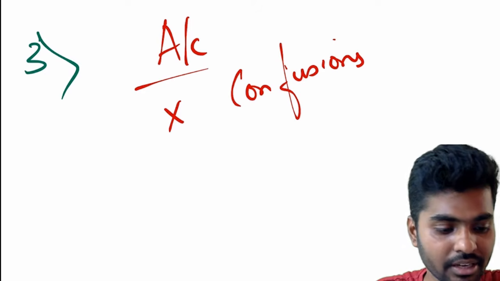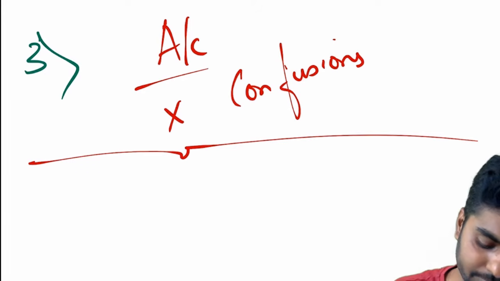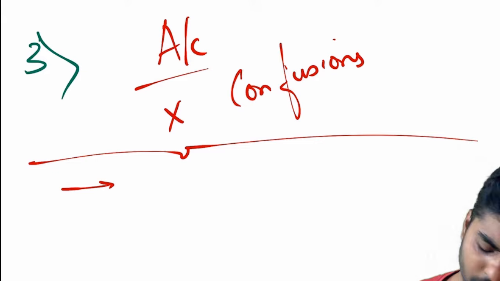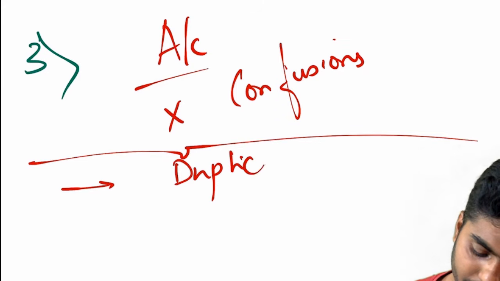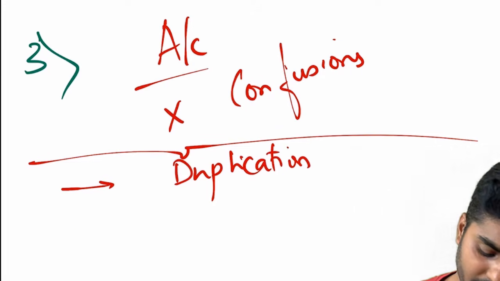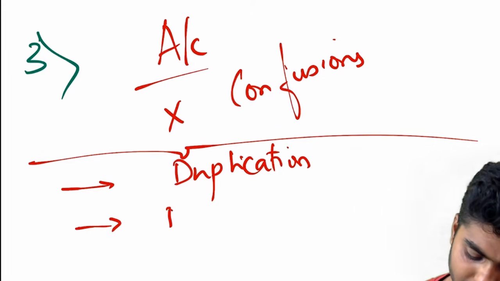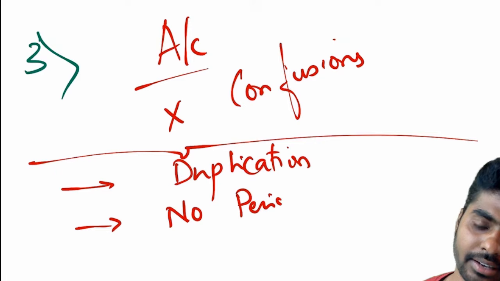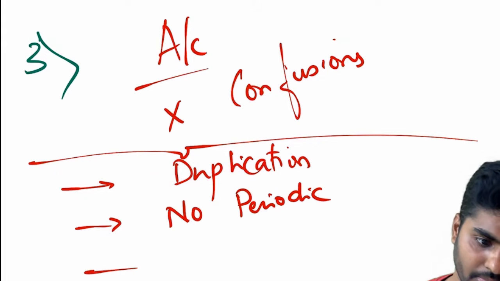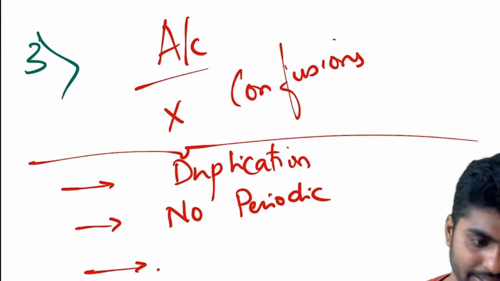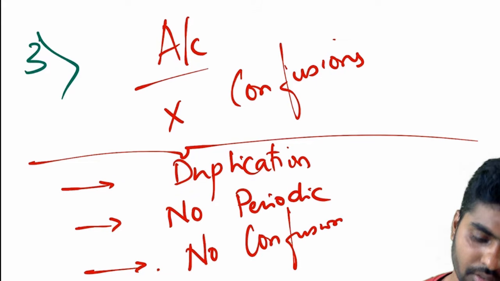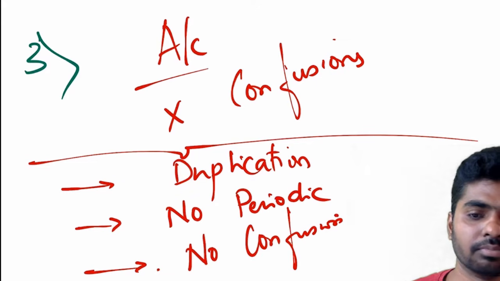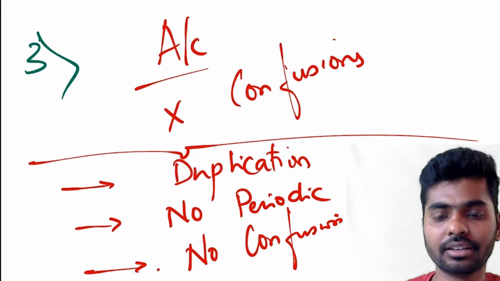So let us look into the advantages. First, I said duplication of effort. Second, no periodic reconciliation. Third, there won't be any confusion.